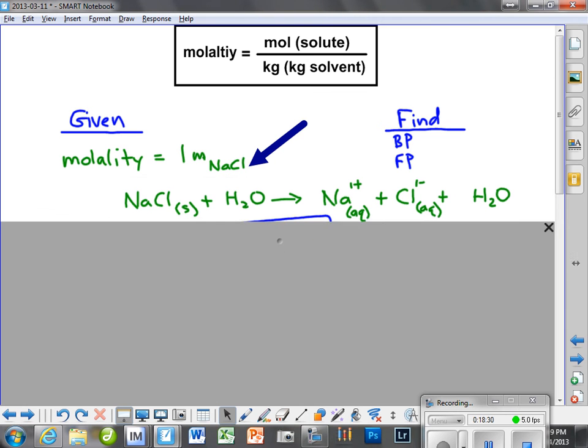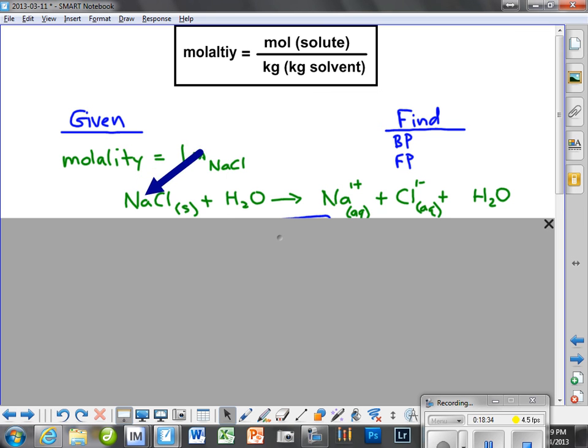So, right here is the chemistry behind what happens. Salt is a solid, going to get put into water, and when it does, it's going to break into particles, which is why the light lit up on the conductivity tester in the video that we made in class.